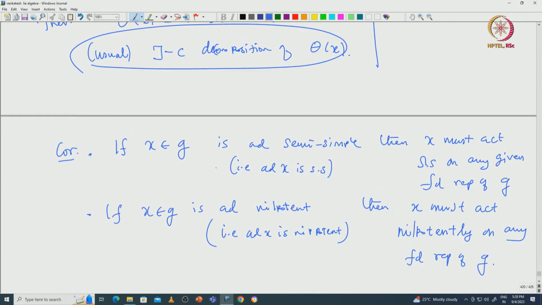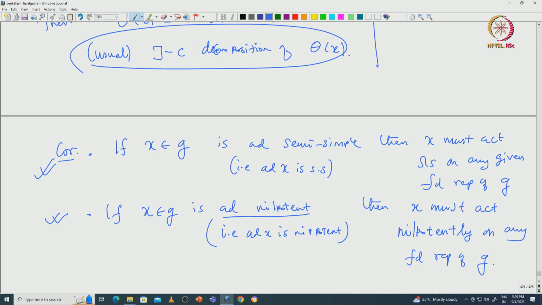So, what is important is that add semisimple elements act semisimply on any finite dimensional representation of G. Similarly, any add nilpotent element acts nilpotently on any finite dimensional representation. These two are very important corollaries which will be used later in developing the theory of semisimple algebras. Okay, I will stop here.